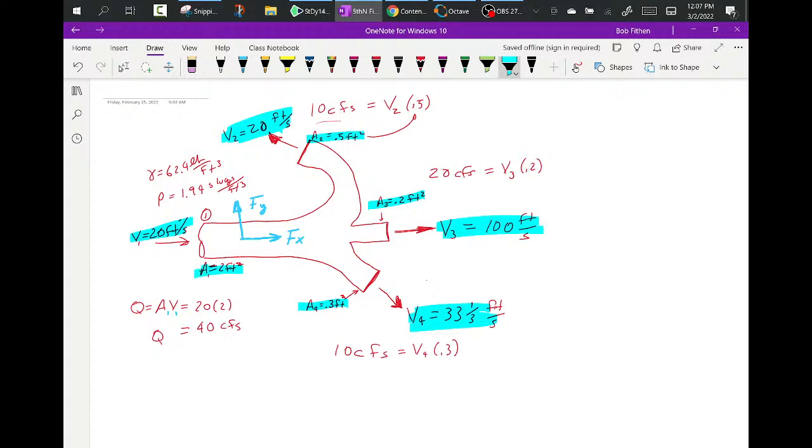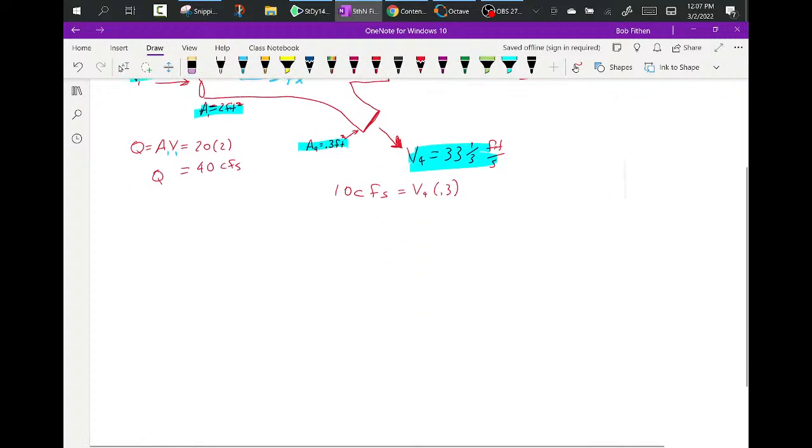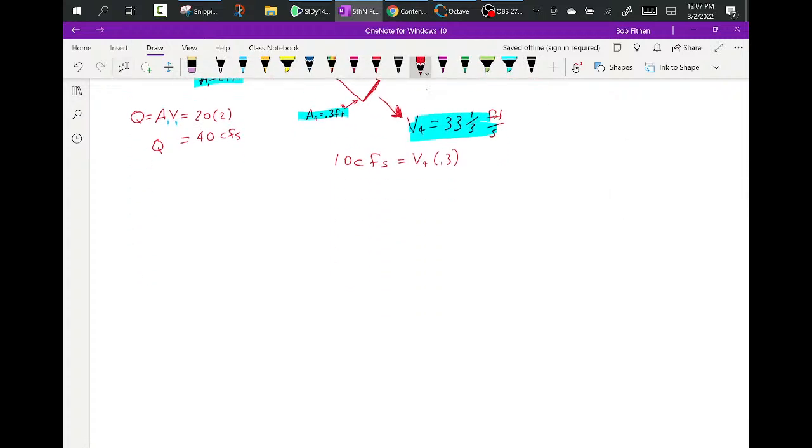The key is, what we're going to find is, what are these forces? So, if you look back at the Reynolds transport, it says something like this.